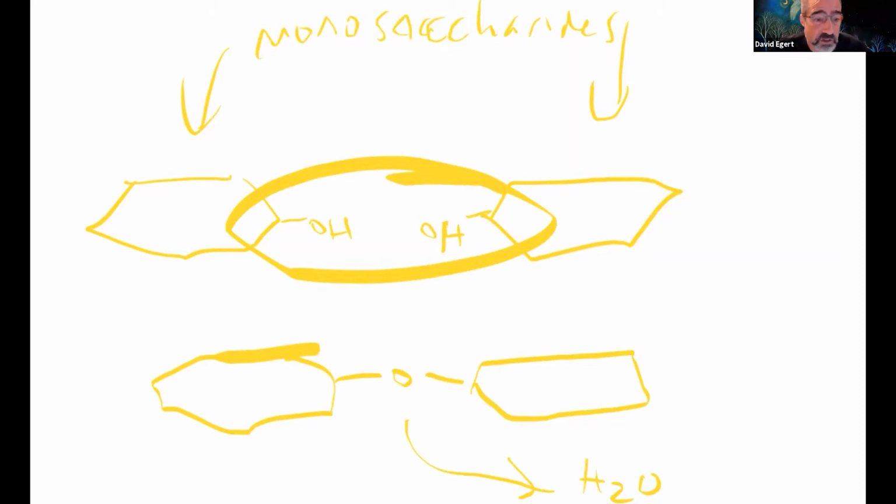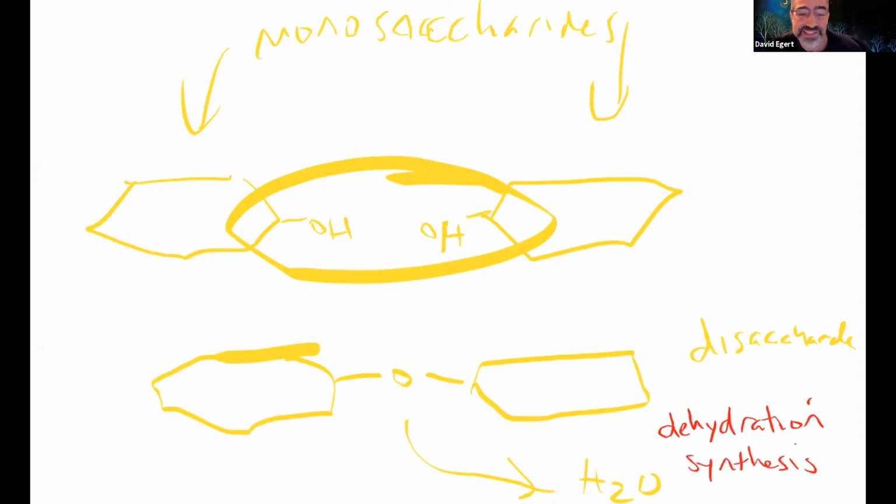Because two hydrogens and an oxygen get jettisoned as we bridge these two to make the disaccharide. So sometimes this process they call dehydration synthesis. Dehydration because it's losing a water, right? In synthesis, we're connecting these things.